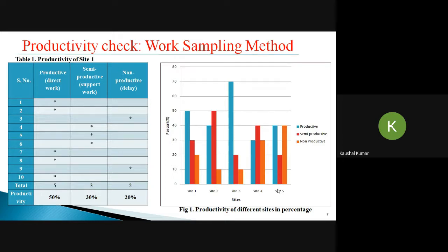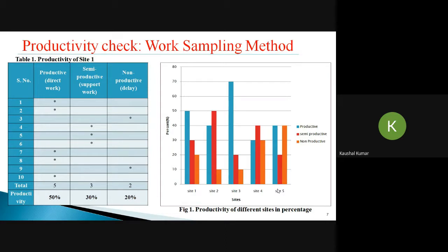Now, here is the catch: this low productivity can be because of anything. It can be because of a technical fault, or it may be because of a management fault. But here, we have considered only the labor productivity part.